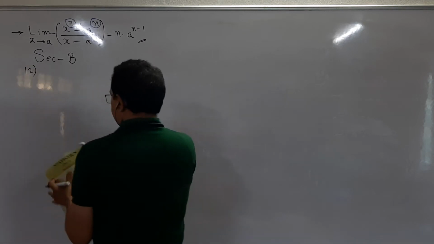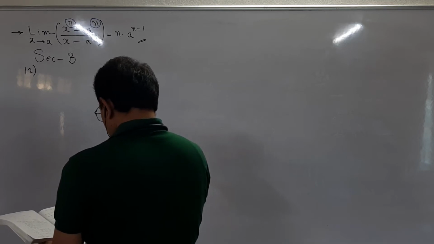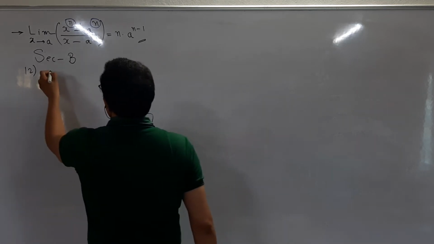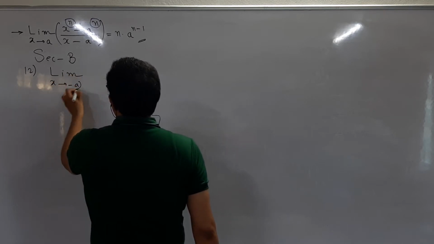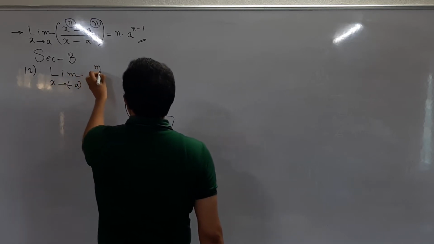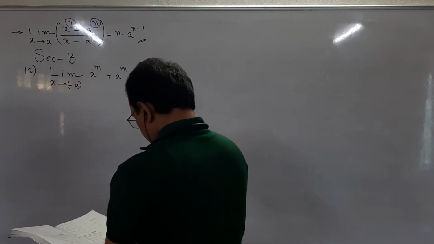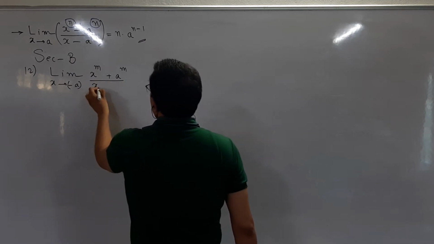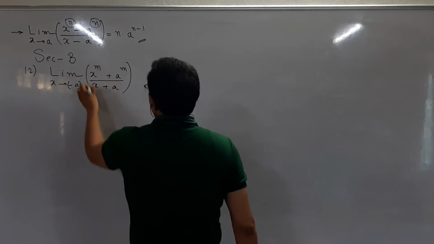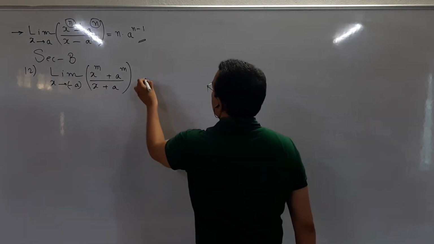Sum number 12. Find the value of limit x tends to minus a, x raised to n plus a raised to n divided by x plus a, and the instruction given, n is an odd number.